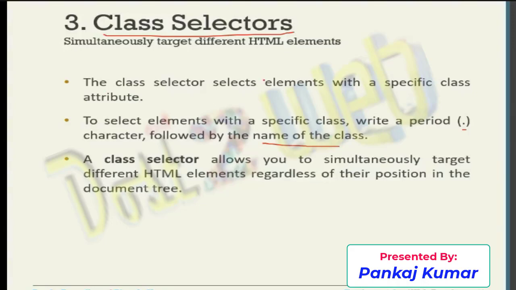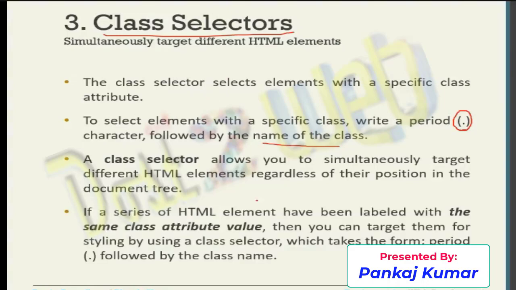The class selector will allow you to simultaneously target different HTML elements regardless of their position in the document. That means however you define it, it will target the particular HTML element, because we are defining the class for the particular element, and that will help you differentiate between the HTML elements.